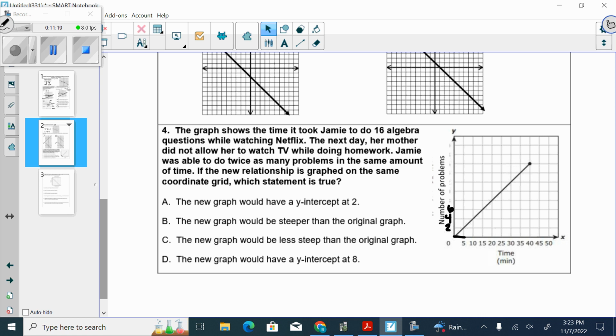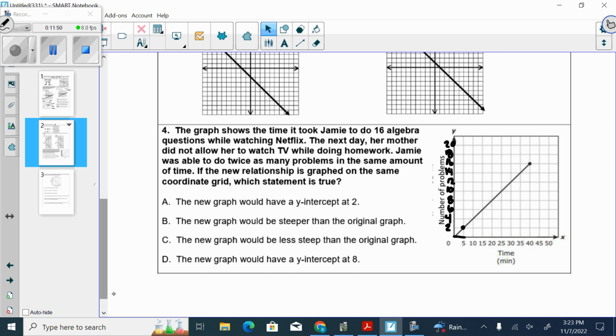So 2, 4, 6, 8, 10, 12, 14, 16, 18, 20. Okay. All right, so it said she was able to do how many more the next day? Twice as many. Okay. So if she was able, it looks like, to do 2 in 5 minutes, how many could she do the next day?